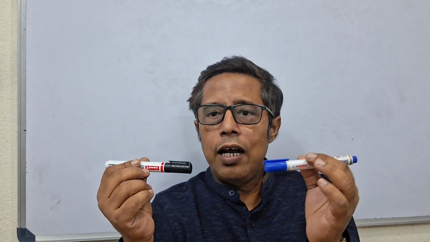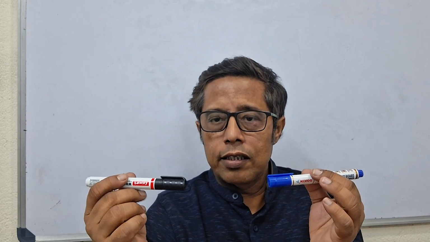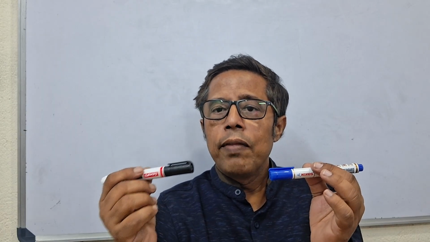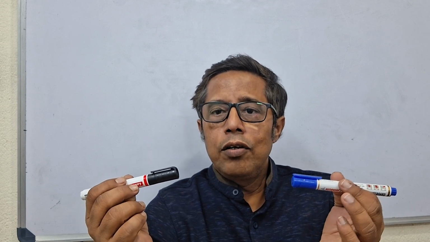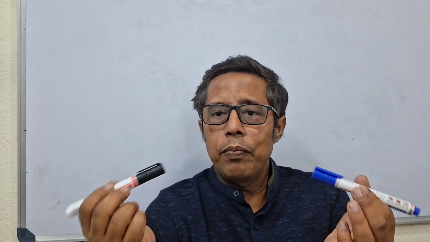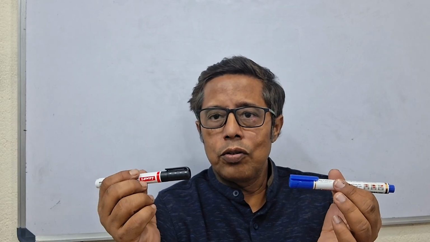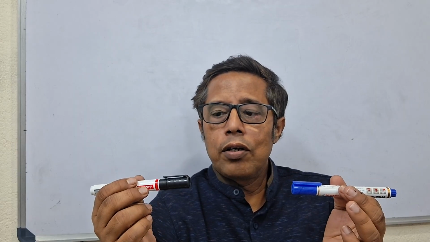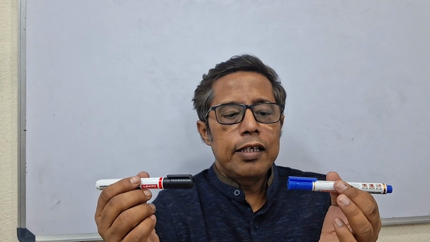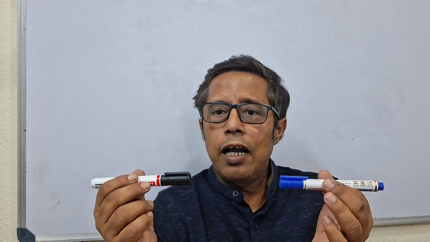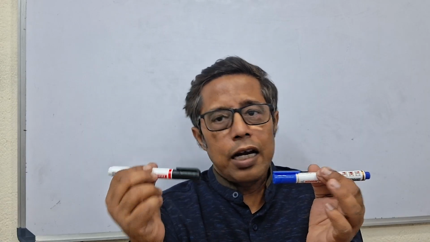One more name we use for field lines is the flux. The symbol of flux is phi, and the magnetic field is B. So phi is B dot A. This flux is the dot product of the magnetic field and the area. A set of field lines crossing an area is the magnetic flux.